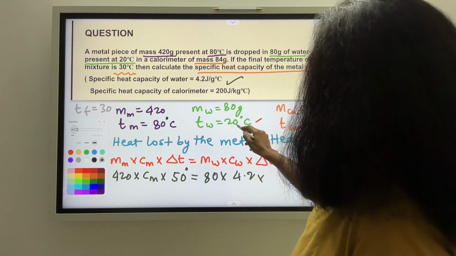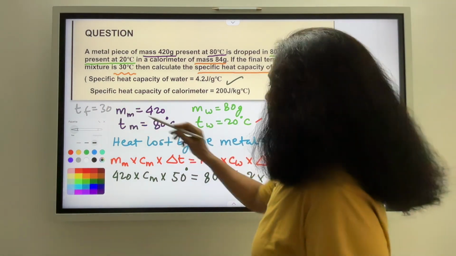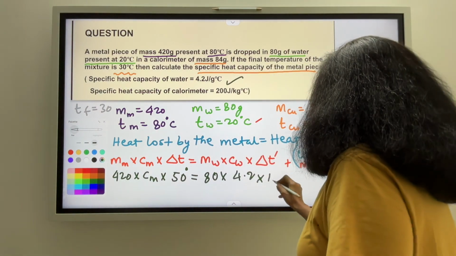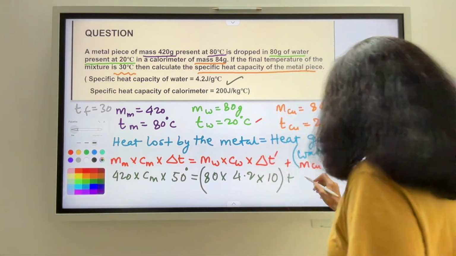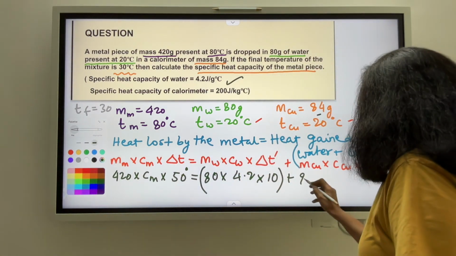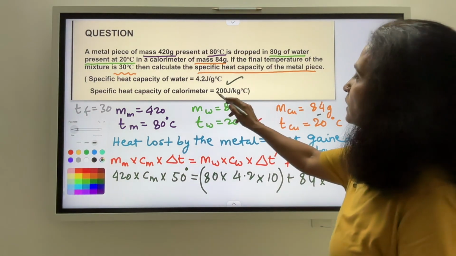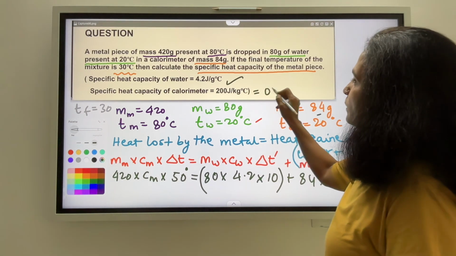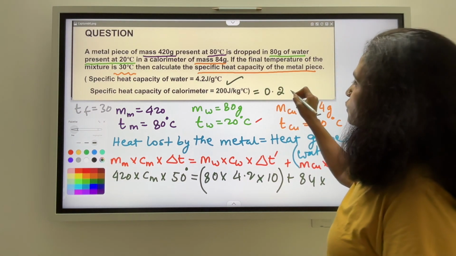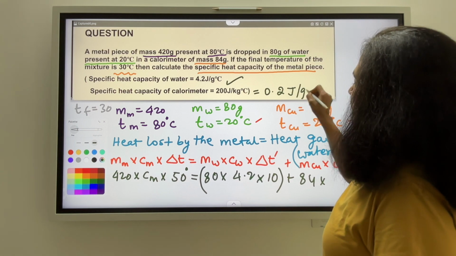It was 20 degrees, final temperature is 30, so the del T is 10. And what about the calorimeter part? The calorimeter has a mass of 84, specific heat capacity given as 200 joule per kg degree centigrade.